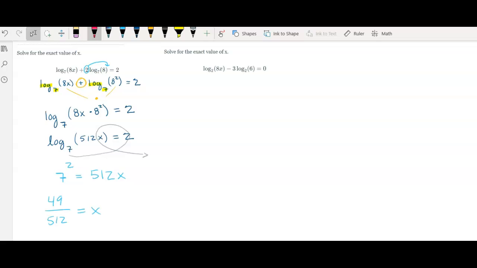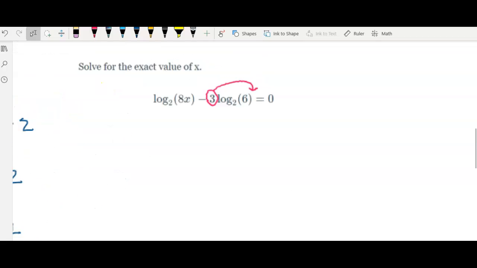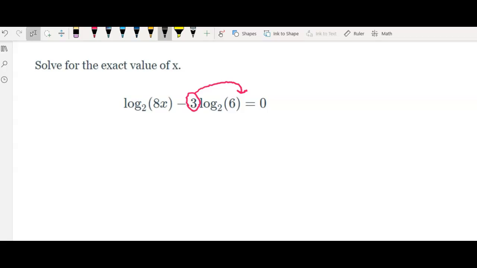And we'll do one more. So this time I have subtraction. But before I can get rid of the subtraction, I've got to get rid of this number in front of the log. So I'm going to move that back up to the exponent.